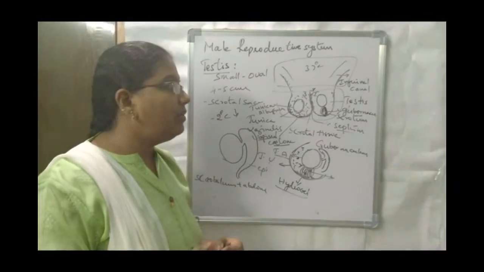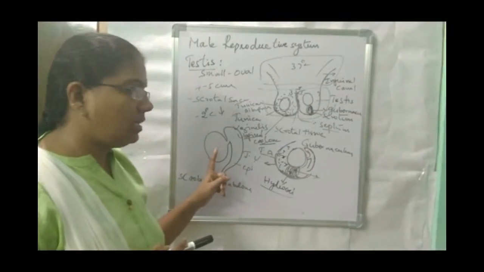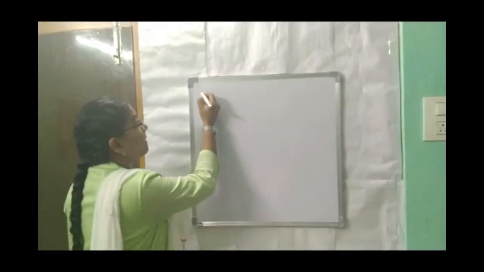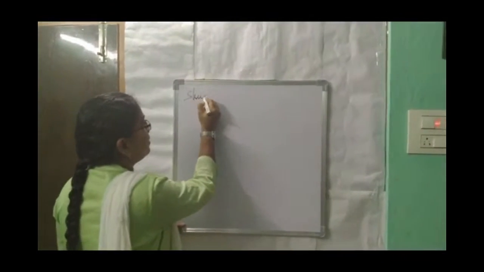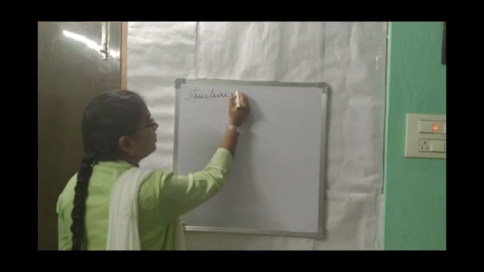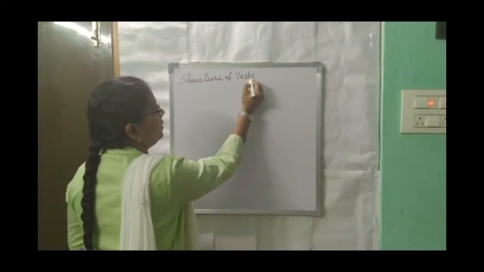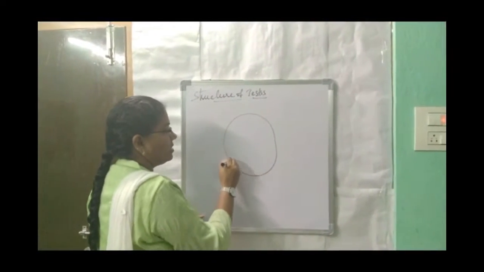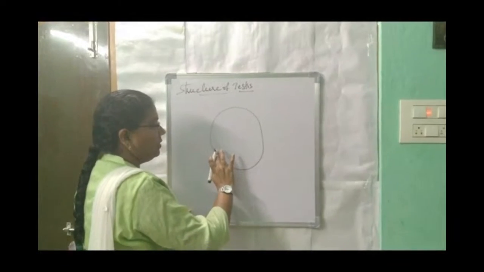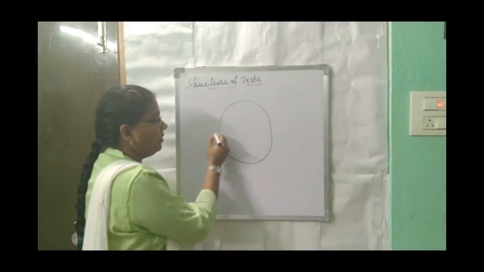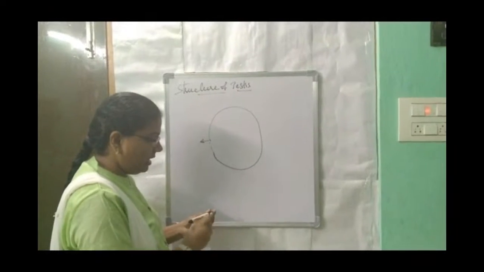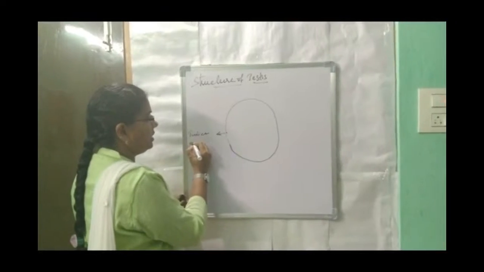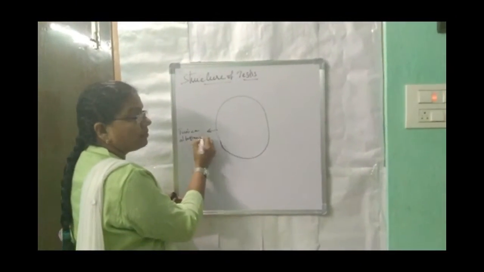Now we need to understand the structure of the testis more deeply. Already we discussed the testis. The testis is an oval-like structure. The outer layer of the testis is called the tunica albugina.